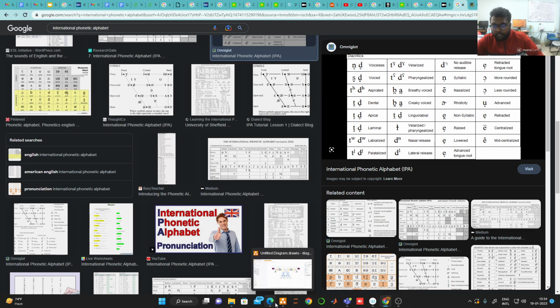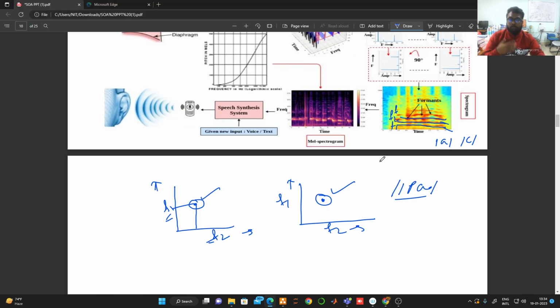Then comes the recognition part: how speech is recorded or recognized by different digital systems. My slide is mainly based on deep generative models, or deep learning, and how deep learning algorithms help in understanding the content of speech.